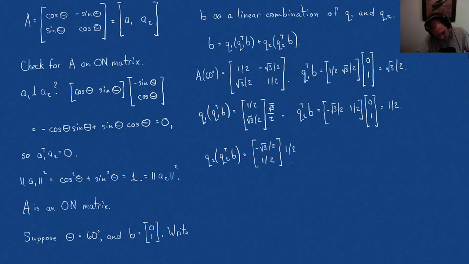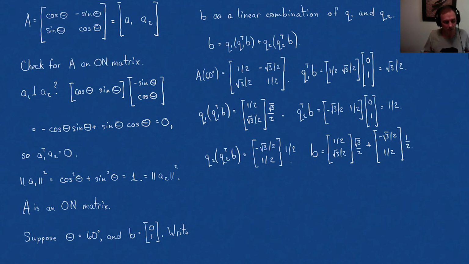There we go. We've done it. So in other words, B is equal to the vector of 1/2, root 3 over 2 times square root of 3 over 2, plus the vector of minus square root of 3 over 2, 1/2 times 1/2.